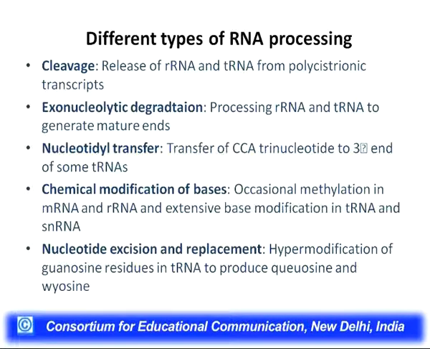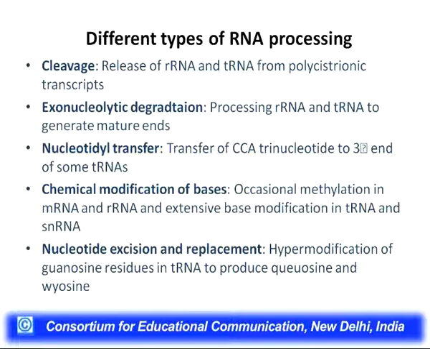The third method is nucleotidyl transfer. This is usually seen in tRNA maturation. The tRNA molecules which do not have a trinucleotide sequence CCA built into them are provided the CCA through an enzymatic machinery.